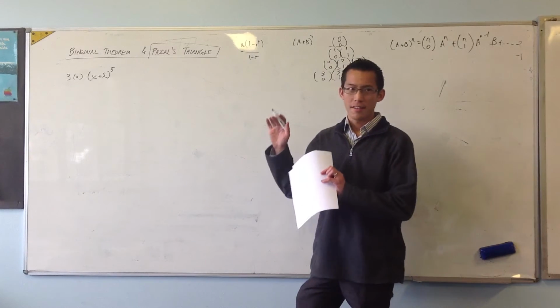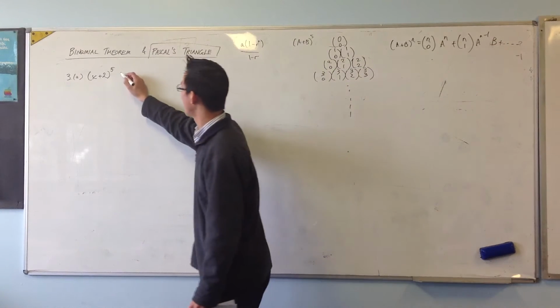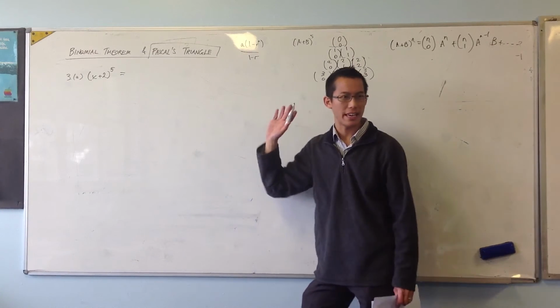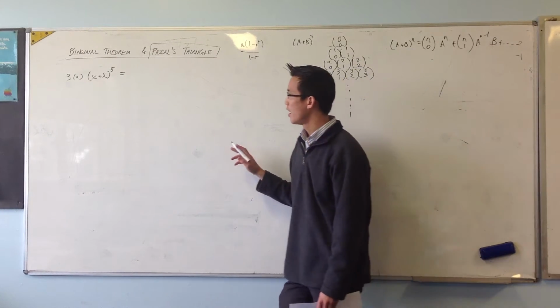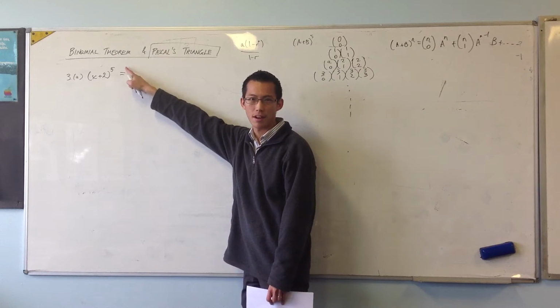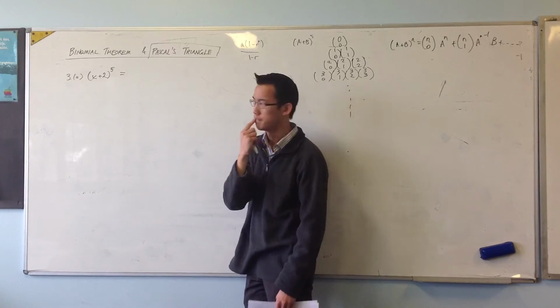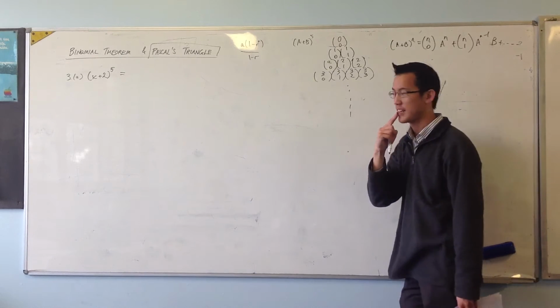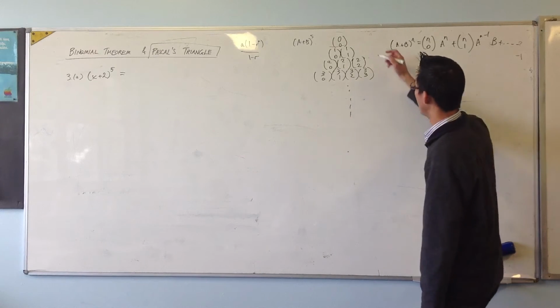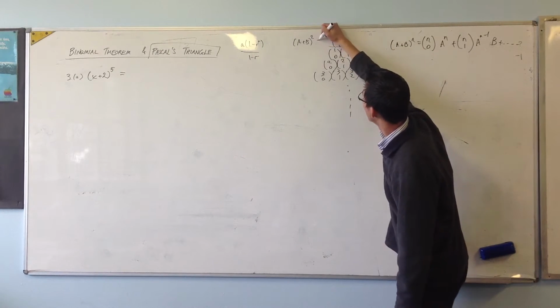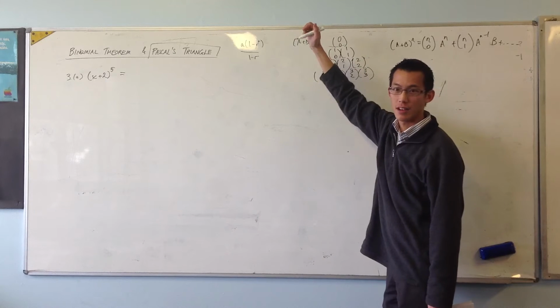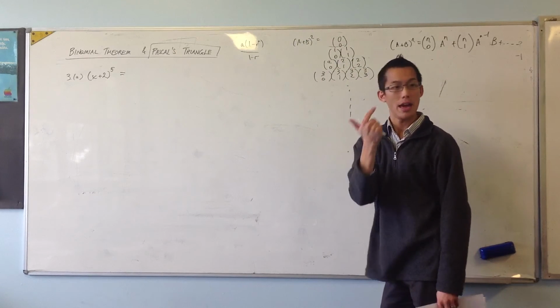Now, to try and understand how to do this, how many terms are you going to get out of this at the end, if the power is 5 up here? How many terms will there be in total? When we did a plus b all squared, how many terms are there at the end? There's a squared, there's 2ab, and there's b squared.